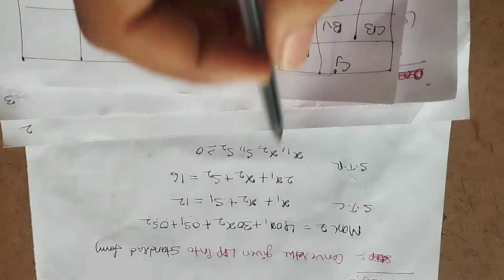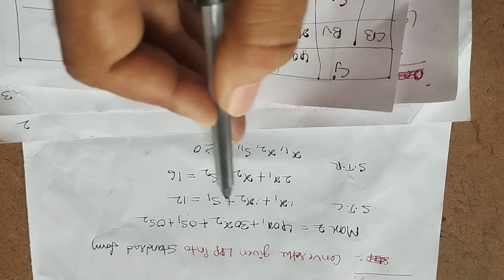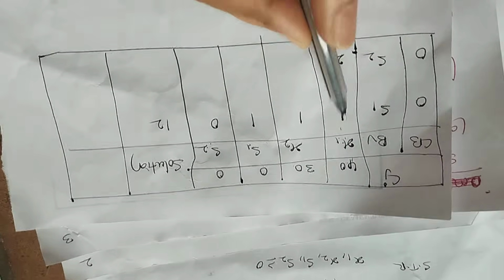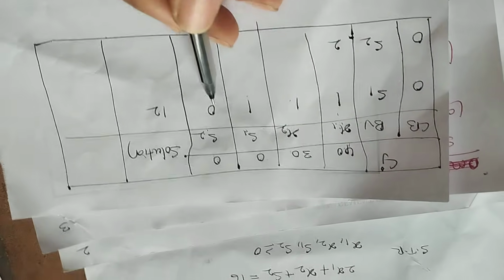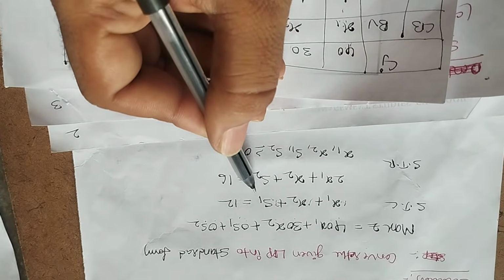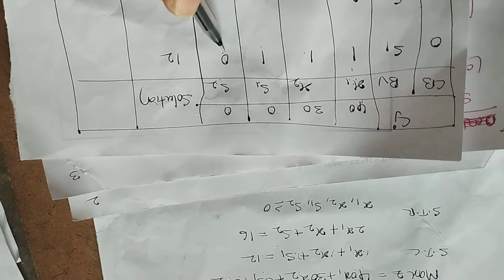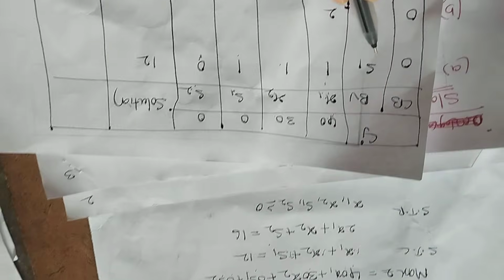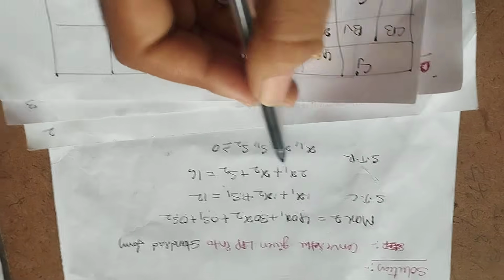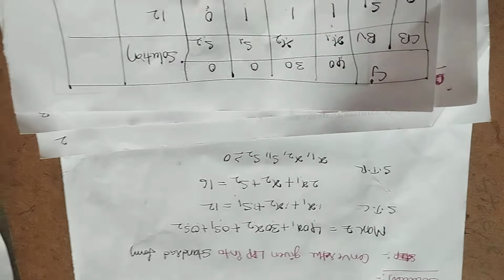Similarly, the first constraint equation: 1x1 plus 1x2 plus 1s1. There is no s2 here, right? I am just writing 0 for s2. Similarly for the second constraint, the x1 coefficient is 2 and the x2 coefficient is 1.